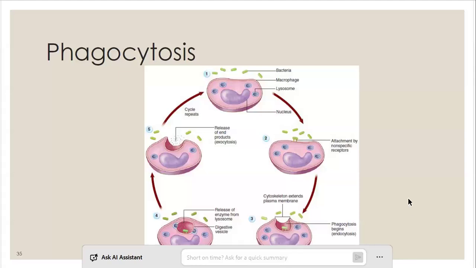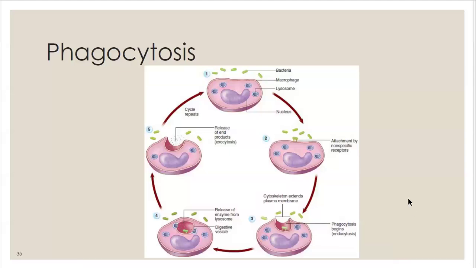The macrophage starts to engulf around that bacteria and enclose it within the macrophage, where it releases enzymes to help with lysis, to burst those bacteria, and then it spits the bacteria back out of the macrophage.